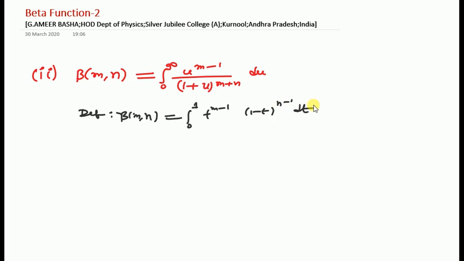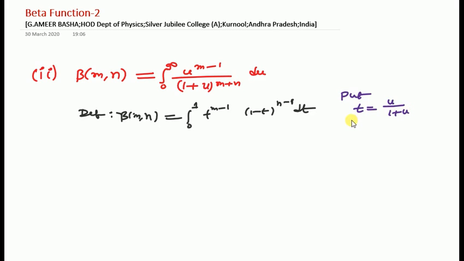Somehow we have to convert t into u, so that n will not appear in the numerator. So what I do here is very simple. I'll substitute something here. Let us put t is equal to u upon 1 plus u.